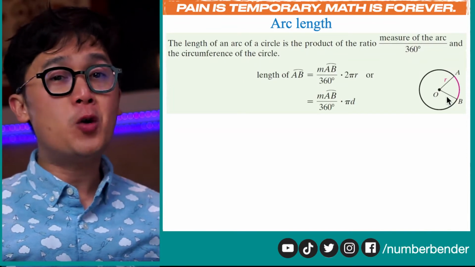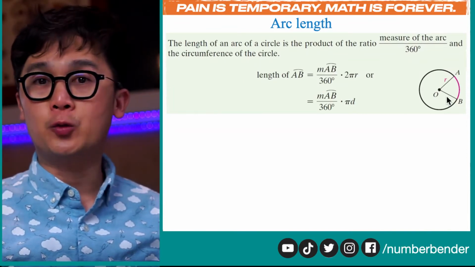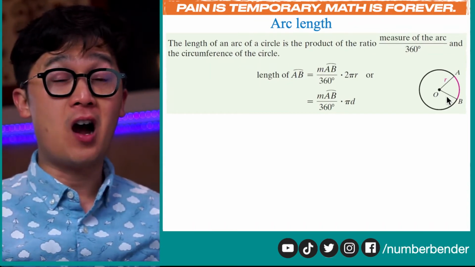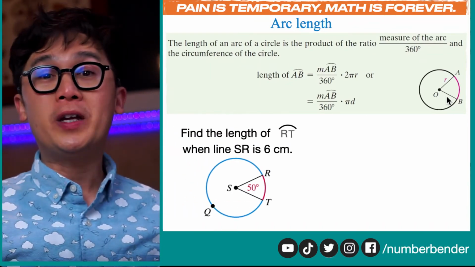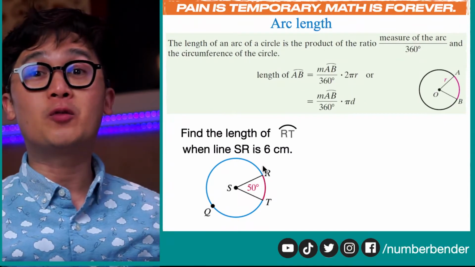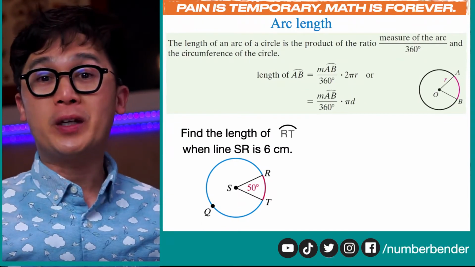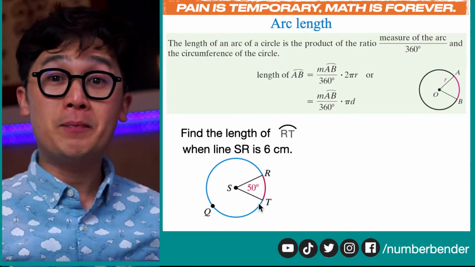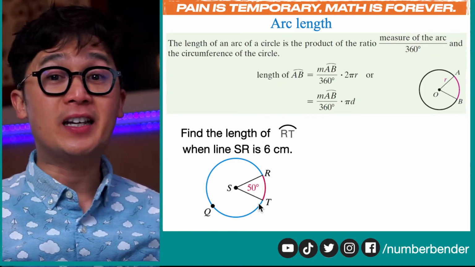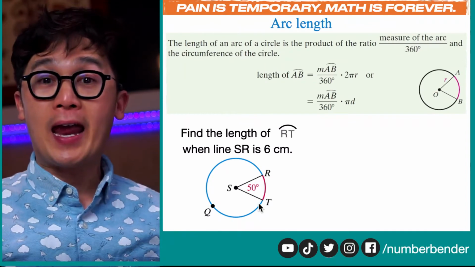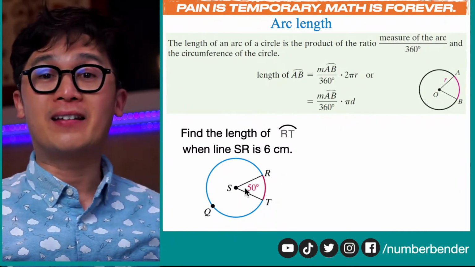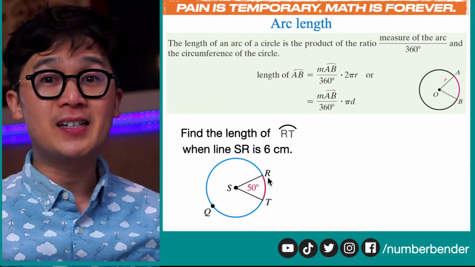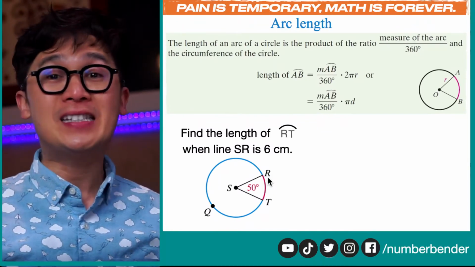And to give a more specific example on how to use the formula for the arc length, again, arc length and not arc measure, we have the circle that we worked on a while ago. So we have a minor arc RT, and we know that the arc measure of RT is 50 degrees. And also, we know that line segment SR is the radius of our circle S, given as 6 centimeters.